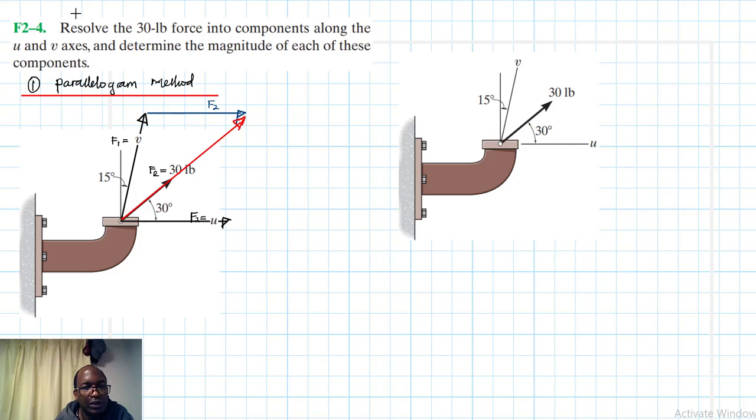This is the resultant, and then we have this one, which is the other value. Sorry, this is F1.